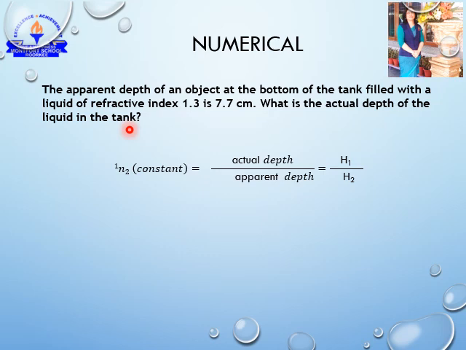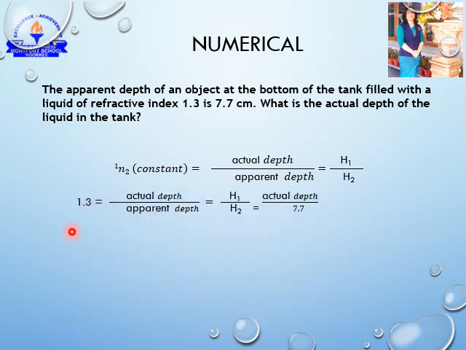Yes, students, this numerical is slightly new to you as refractive index has another definition also. So refractive index of second medium with respect to the first medium is also equal to the actual depth to the apparent depth. So usually we take actual depth as h1 and apparent depth as h2.